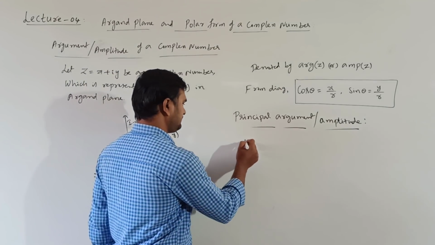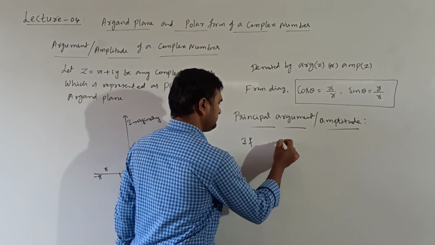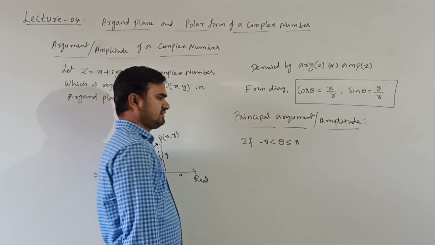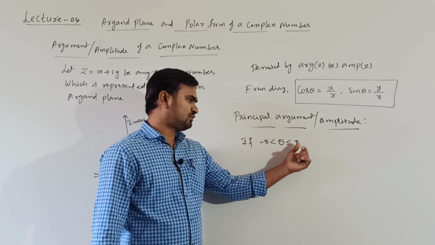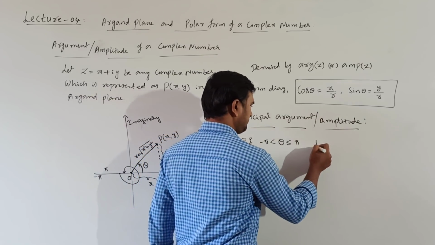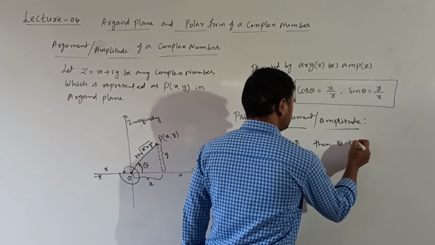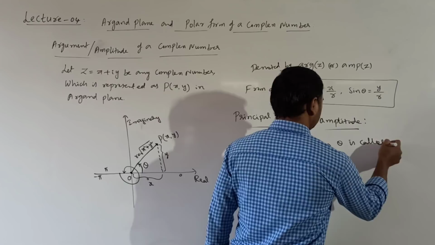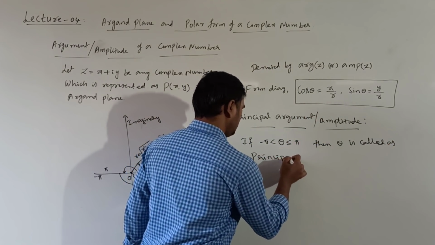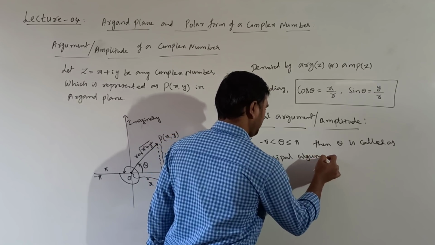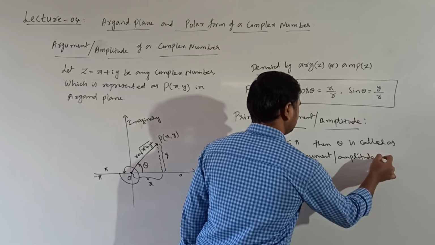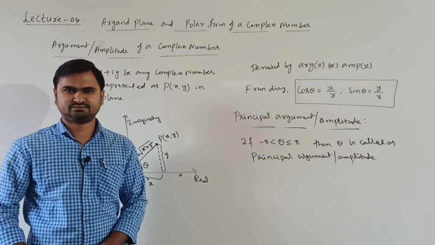So if theta lies between minus pi and pi, including pi but excluding minus pi, then theta is called the principal argument or principal amplitude of the complex number.